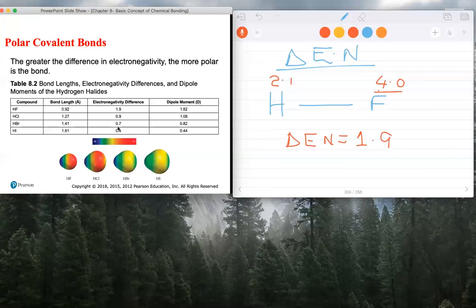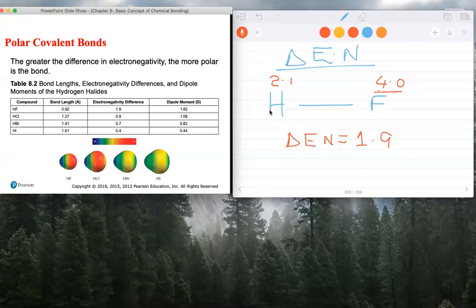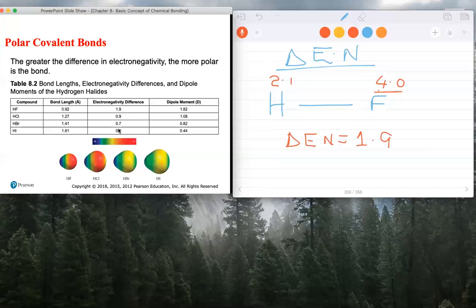So the values you see here are obtained from the table. If need be, you will be given values for different atoms in a molecule in order to calculate the electronegativity difference. The bond length and dipole moment correlate to the change in electronegativity.